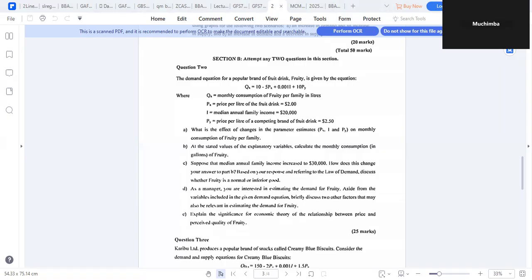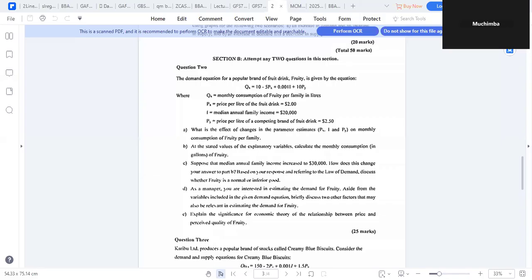The effect of these parameters: before the px, we have a 5. Before the I, we have the 0.01. So the question is asking us, what do they mean in short?